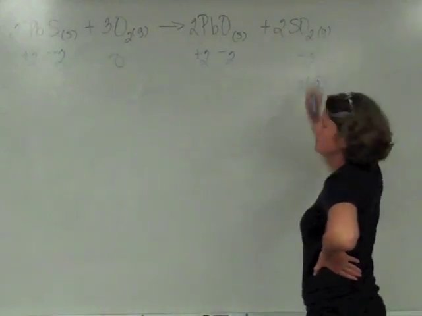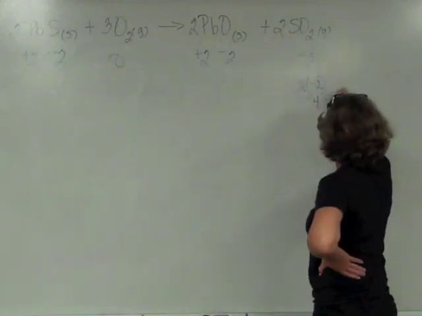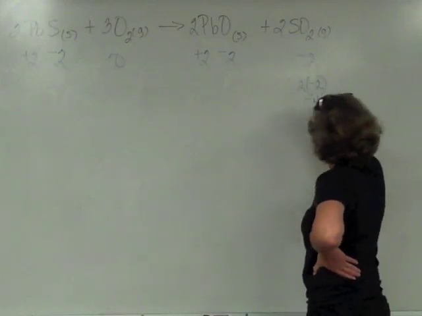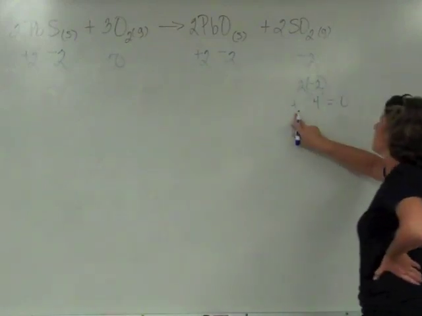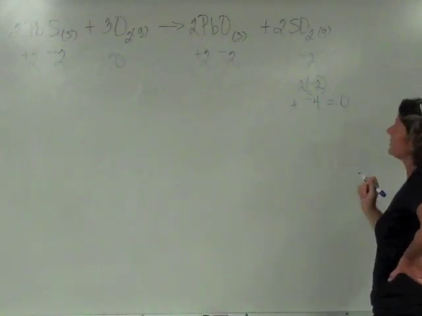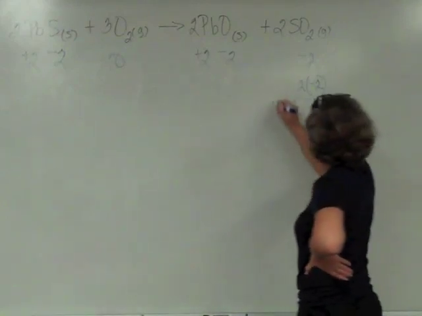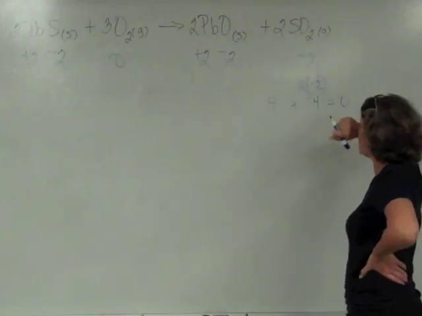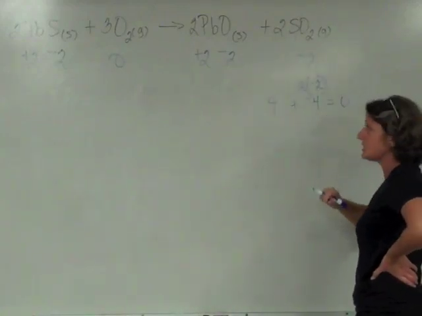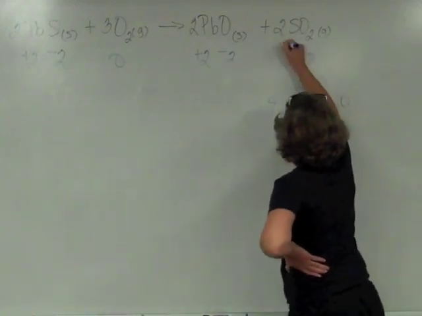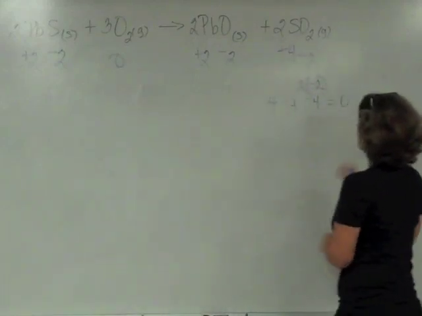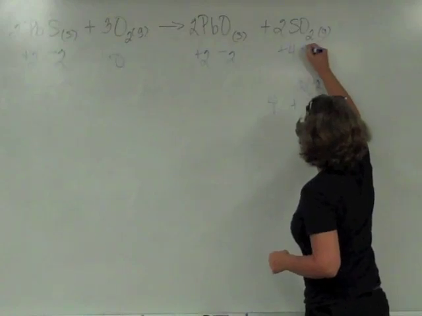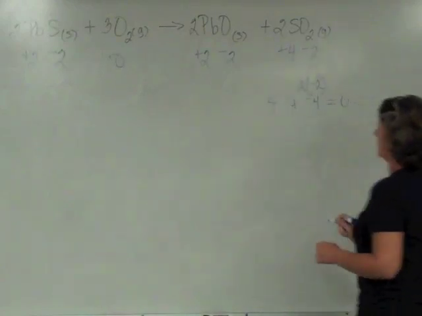This is a neutral compound, so it has to equal 0. What number plus -4 is equal to 0? That number is +4. So my sulfur here has an oxidation state of +4: +4 on the sulfur, -2 on the oxygen.